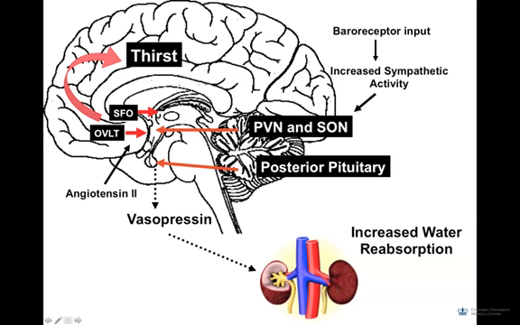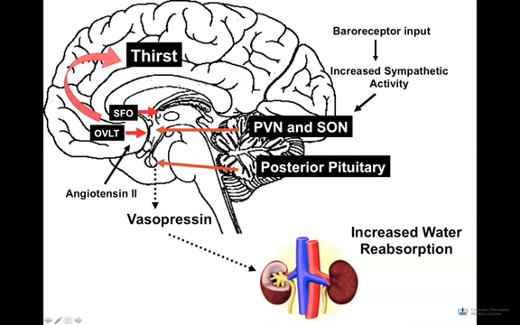Now, if you recall in the last chapter, I talked about how both angiotensin II and an increase in sympathetic activity lead to both thirst and the release of vasopressin. And so this is where the system that controls plasma volume intersects with the system that controls plasma osmolarity.